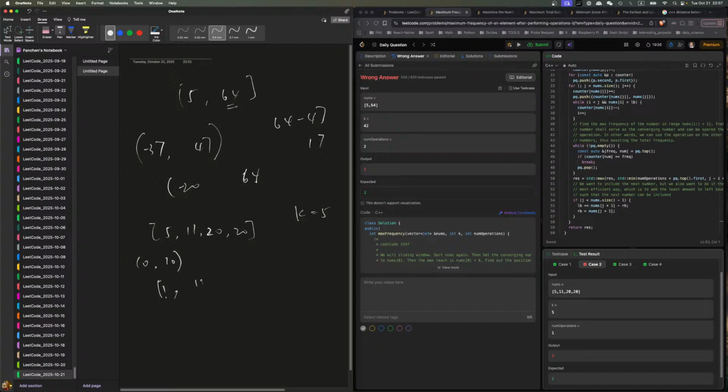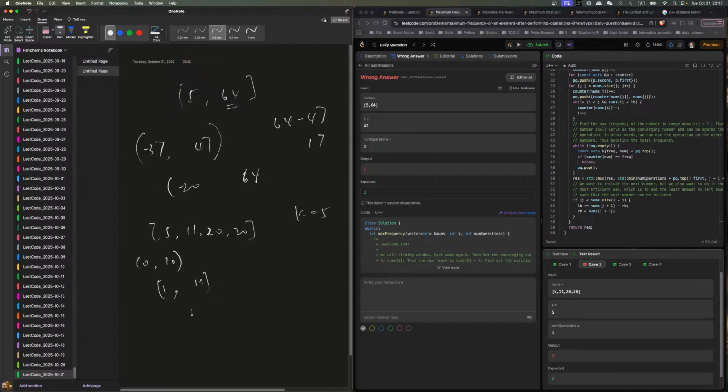Right, this is my current range, 1 to 11, which means with a 6, 6 can give me 1, can give me 11. So if we converge into 6.